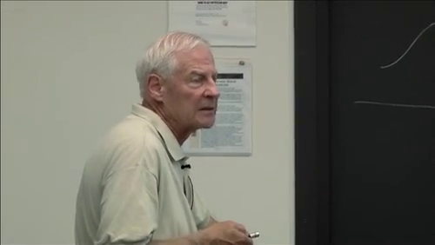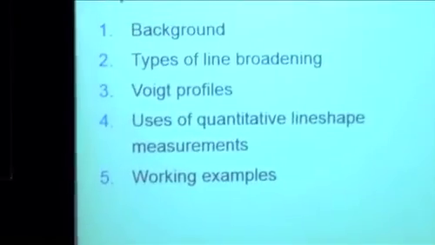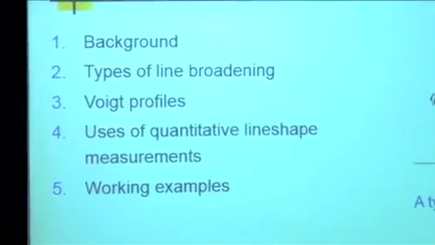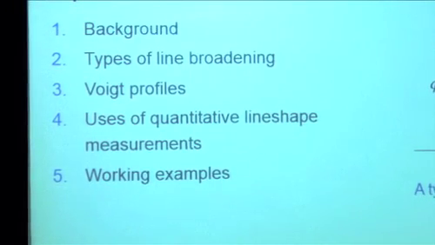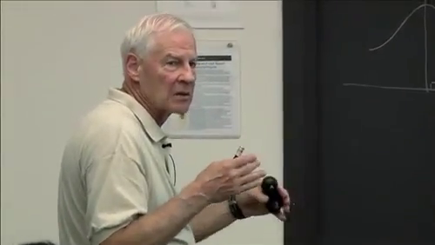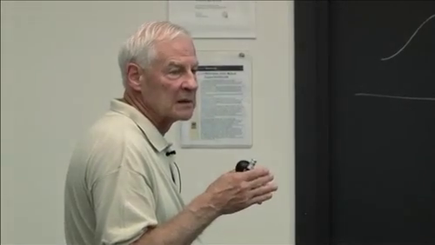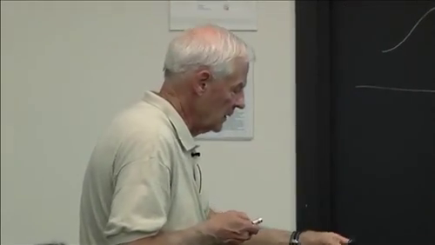You have to tabulate it. So we're going to end up using a Voigt shape, which is some sort of a marriage between Gaussian and Lorentzian that depends upon temperature and pressure. Temperature because the temperature controls the random motions, and pressure because that determines the collision frequency, which therefore controls the time. Okay, so that's what we're going to do now.